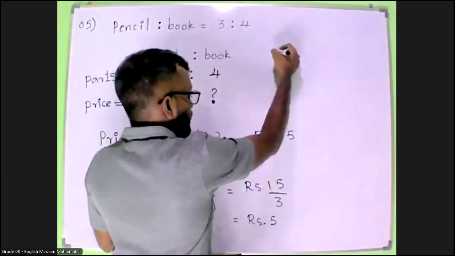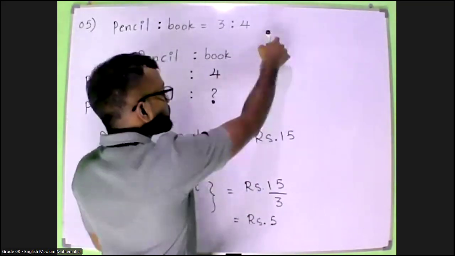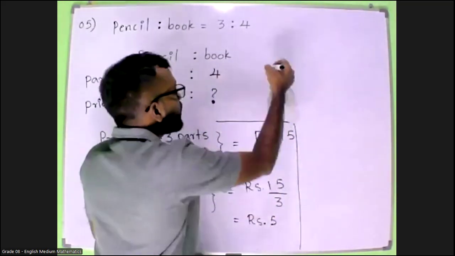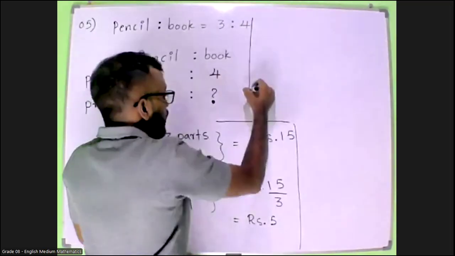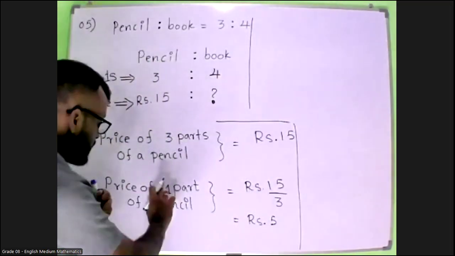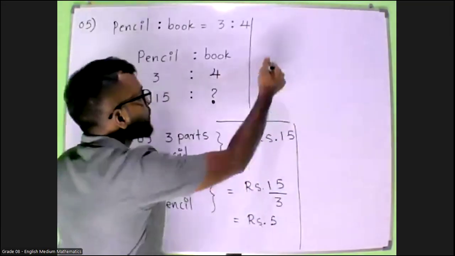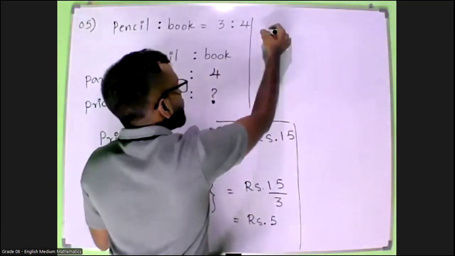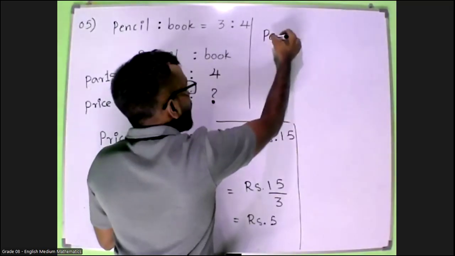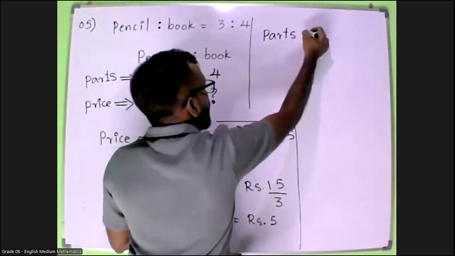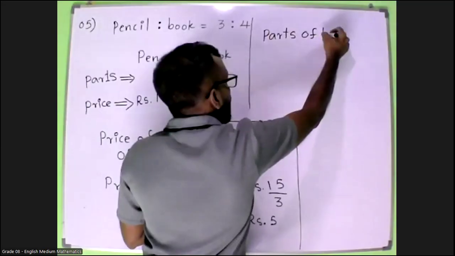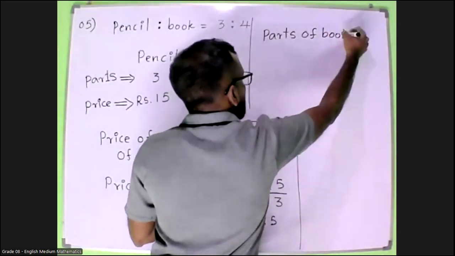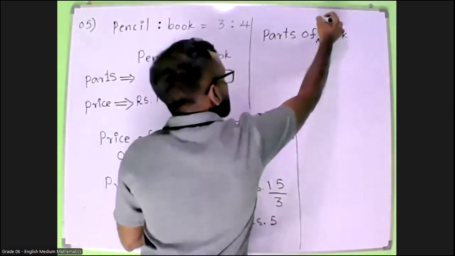Then we can write. I will go to this area because I do not have enough space. This is the price of 1 part. And here we have 4 parts of a book.